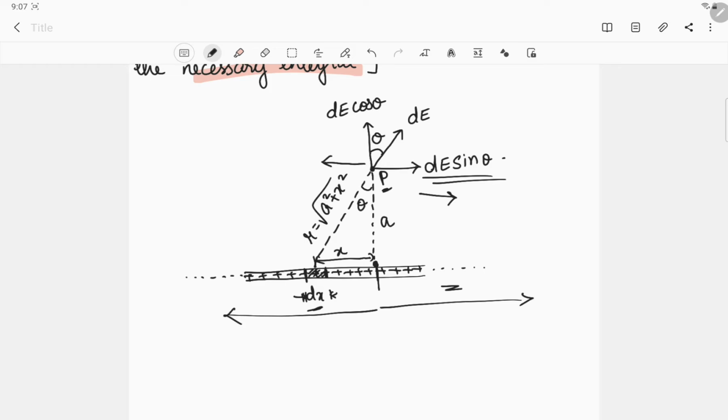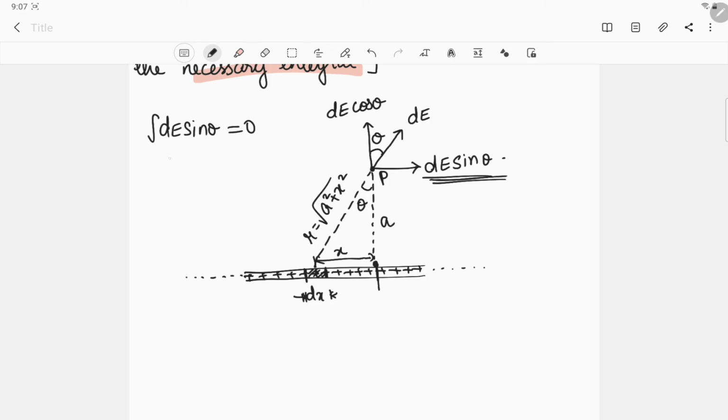So for every element at a distance of x on the left and the right, you will have components which cancel each other. When you integrate dE sin theta over the entire infinite length of the wire, you get 0.